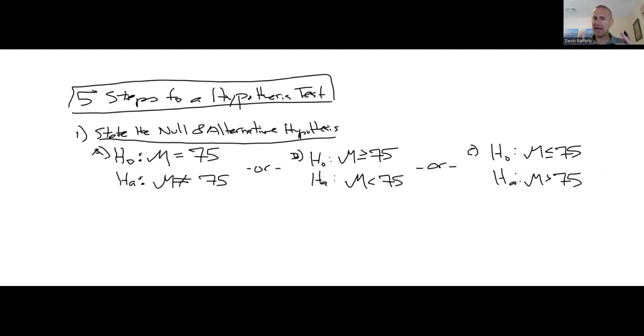So again, this test statistic and critical value thing seems to really matter. Let's see what I'm talking about with the regions of rejection and the regions of non-rejection.